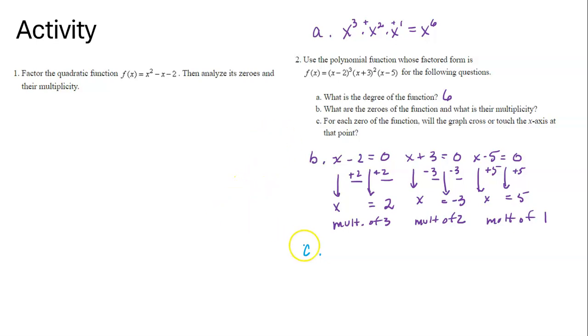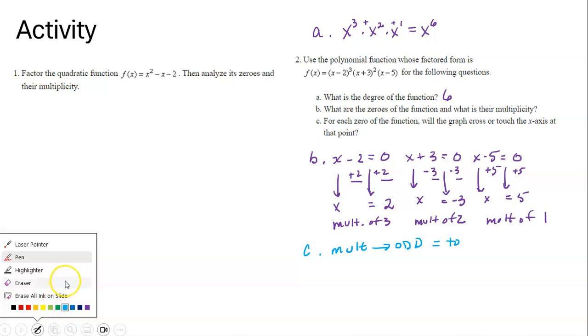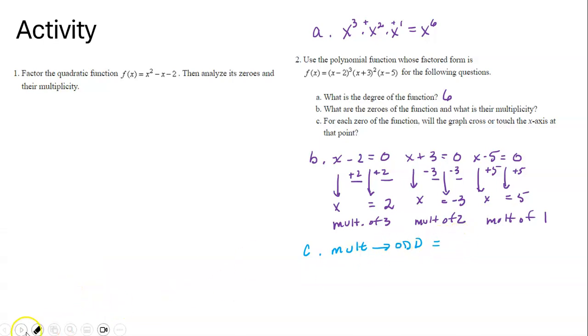Either case, if the multiplicity is odd, then it touches, no, it crosses, my bad. It crosses the x-axis. If the multiplicity is even, then it touches the x-axis.